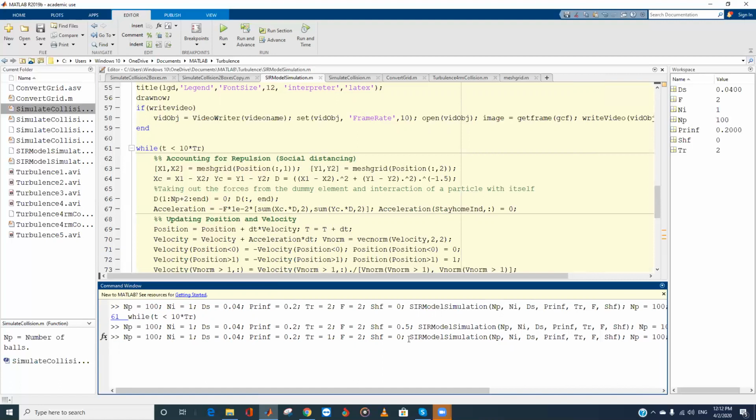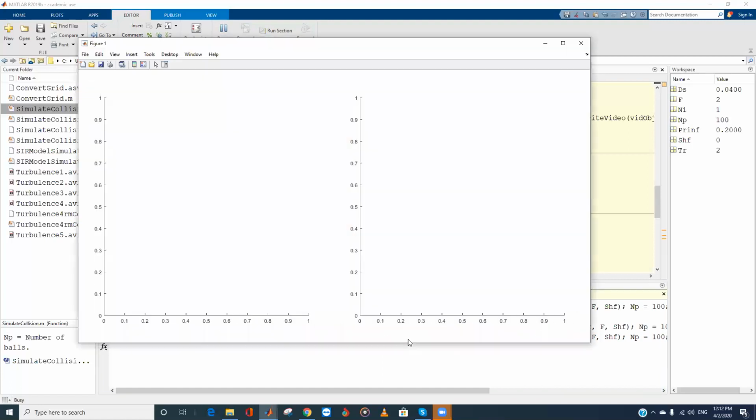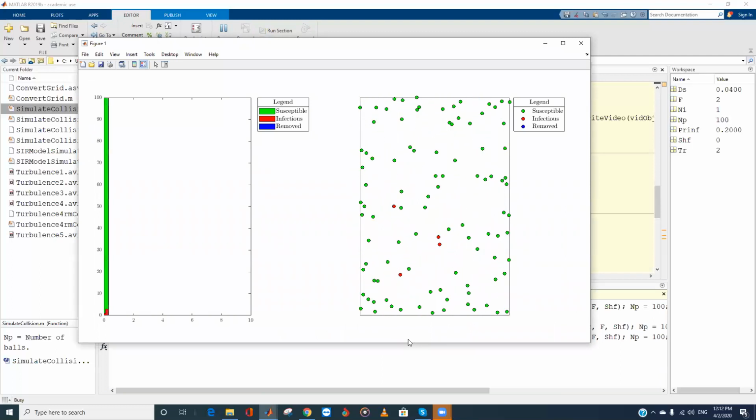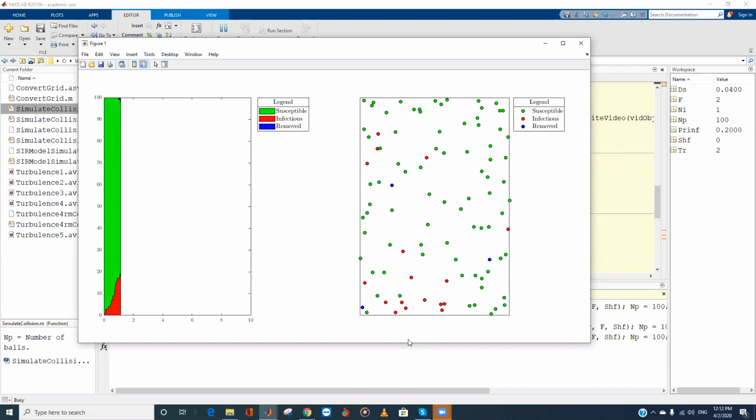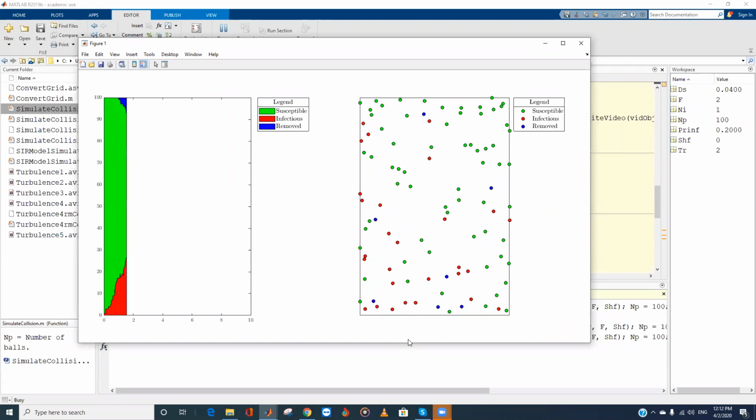So nobody stayed at home, but the rate of removal has increased. Let us just run that and see what the result is. So now nobody stayed at home, but the government is able to remove people as soon as they get infected, just after 1 day.